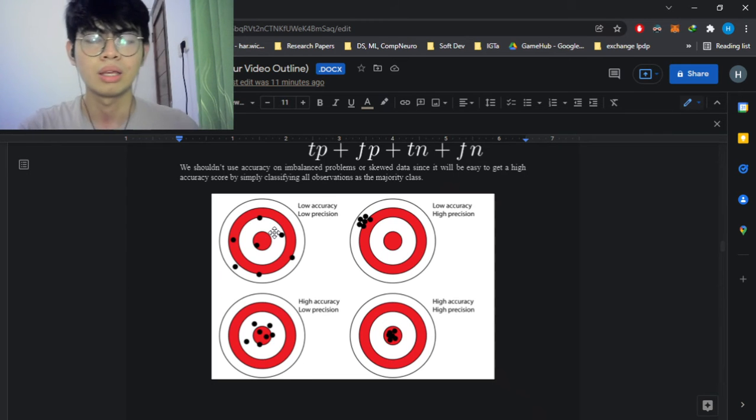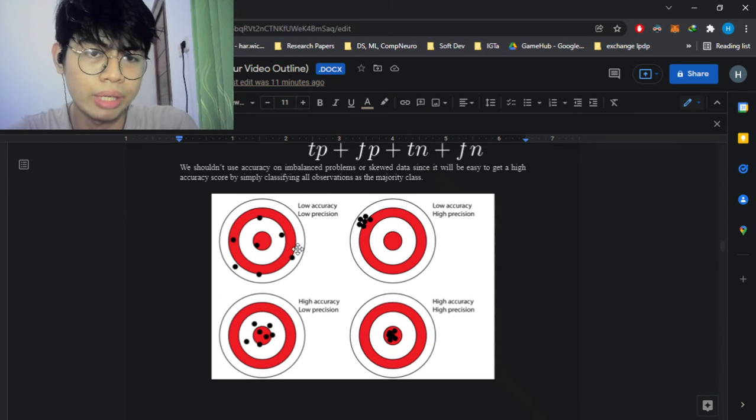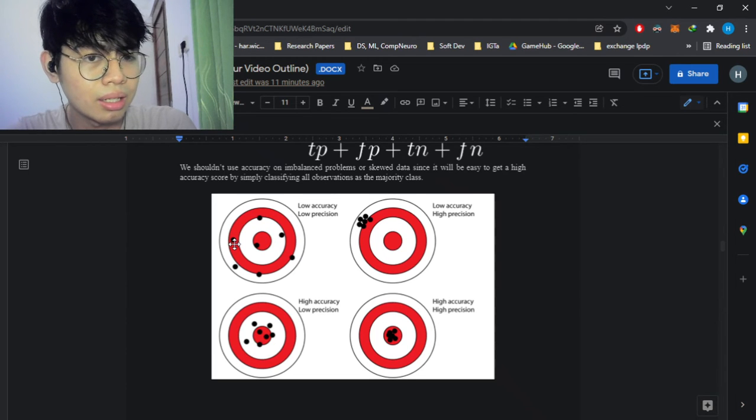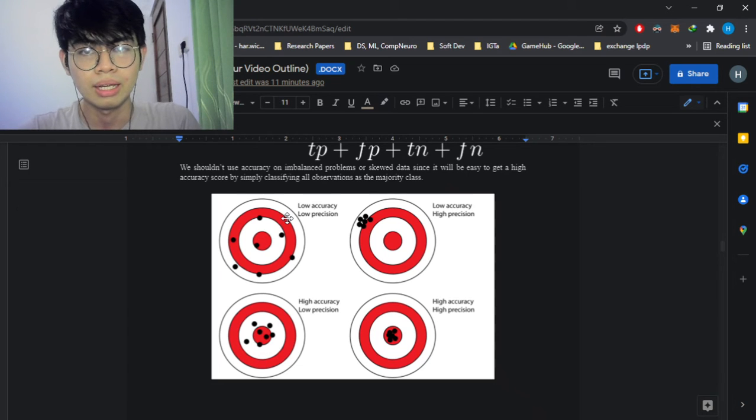In the upper left picture, the data points are not very close to the center of the bullseye, which means low accuracy, and they are very spread out, which means low precision. The one on the upper right is very far from the center of the bullseye, but the data points are very close to one another, which means high precision.